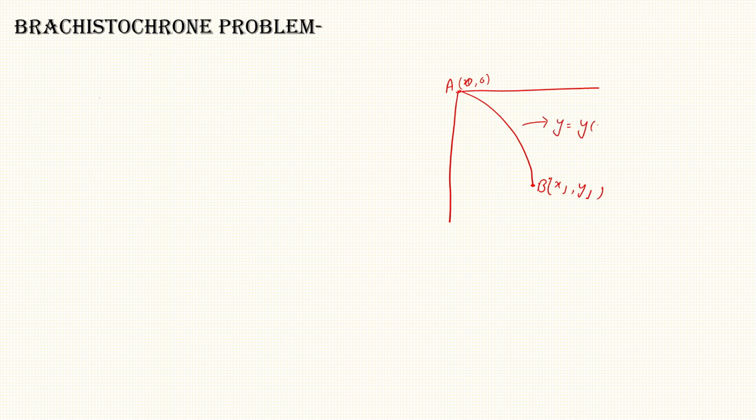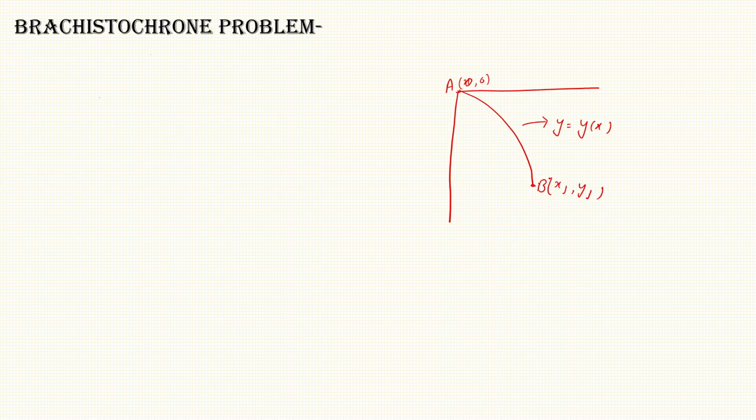Let a particle of mass m go from point A to point B. This is point A. Let us say it is the origin (0, 0), and this is point B, (x1, y1), and the path which the particle follows is y equal to y(x).